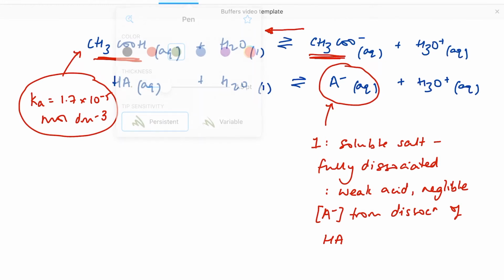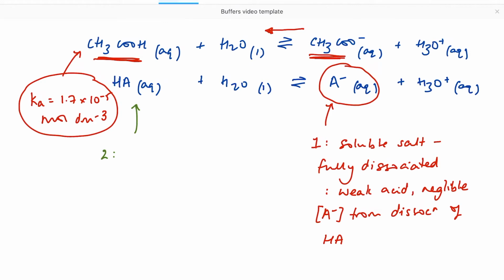My second assumption, I'm going to change colour here or it's going to get a little bit confusing, is that at equilibrium, the concentration of HA, or my acid, to all intents and purposes is unchanged. Again, because it's a weak acid, very, very few molecules, 1.7 times 10 to the minus 5, of my acid are dissociating.